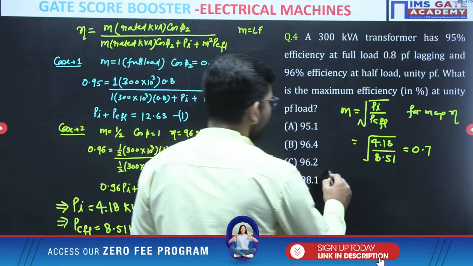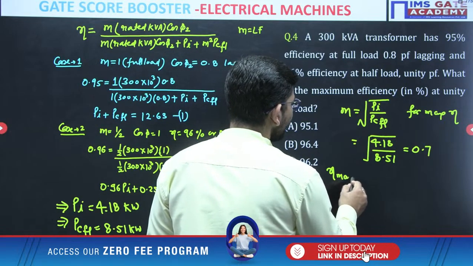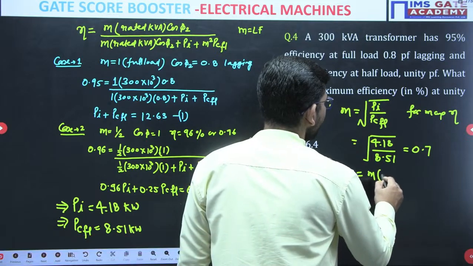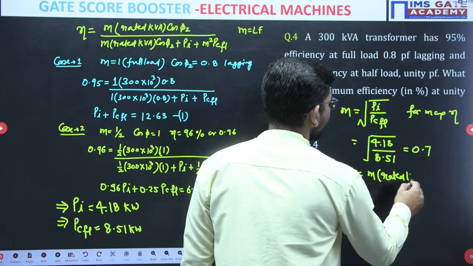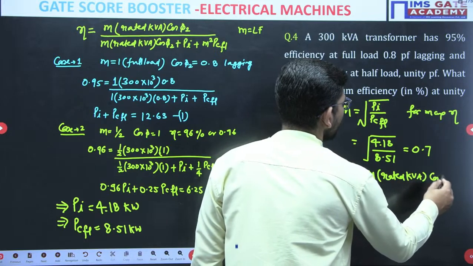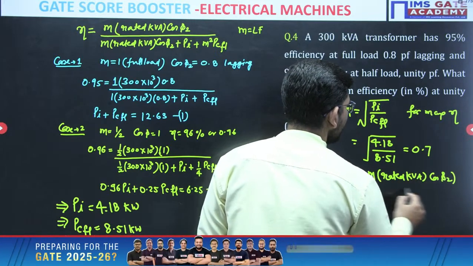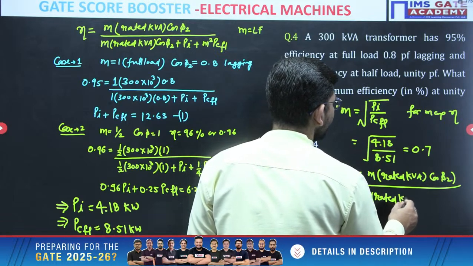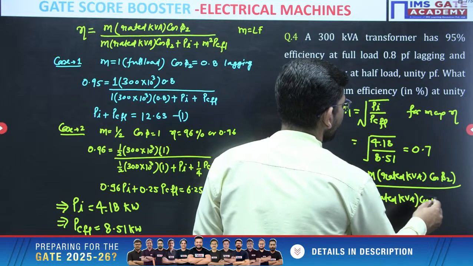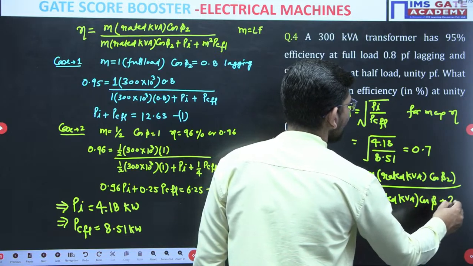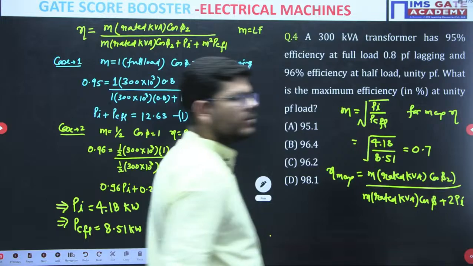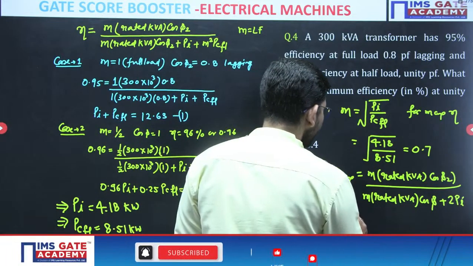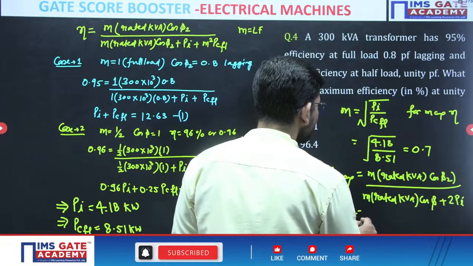Now if I apply the formula of maximum efficiency, it will be M into rated kVA into cos phi 2, divided by M into rated kVA into cos phi 2, and at maximum efficiency iron losses are equal to copper losses, so I can write 2 Pi. Got it? Now just write all the values. What is M? 0.7.